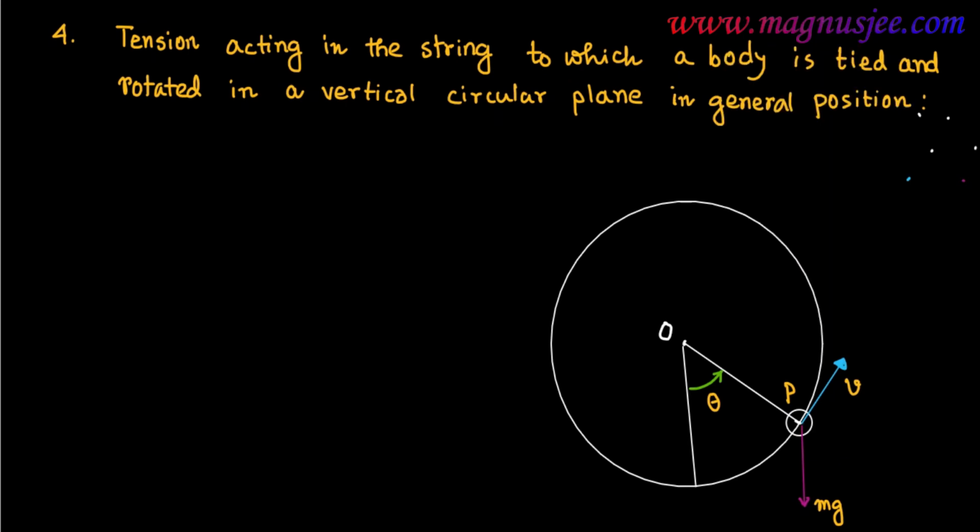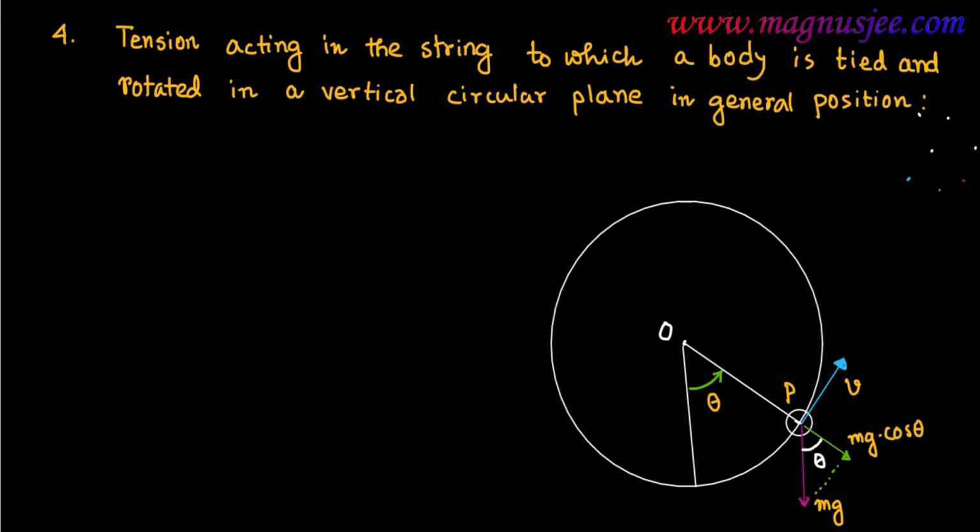The weight of the body mg is resolved into rectangular components. This angle will again be theta, and the rectangular component of the weight mg is mg cos theta, which acts radially outwards.